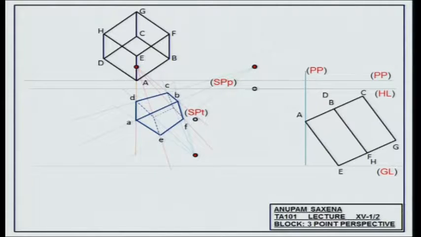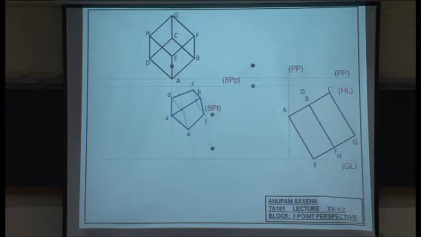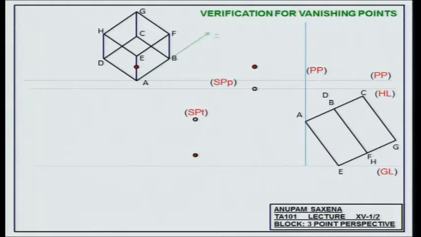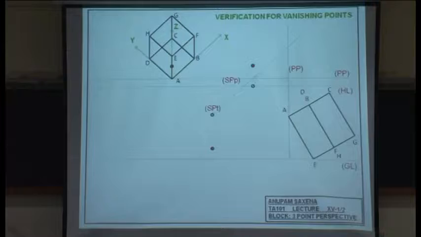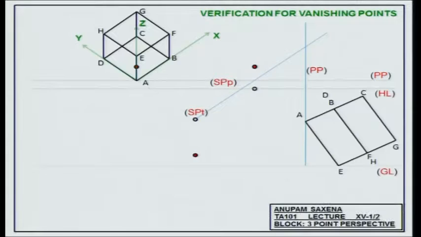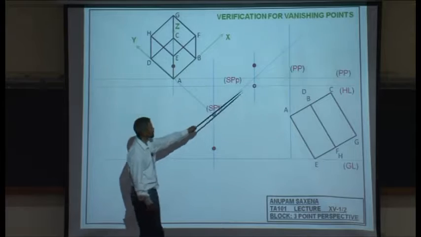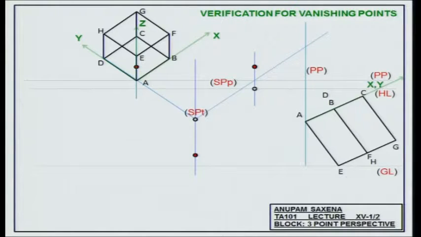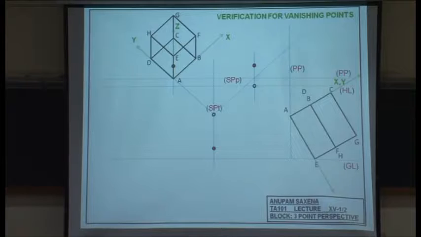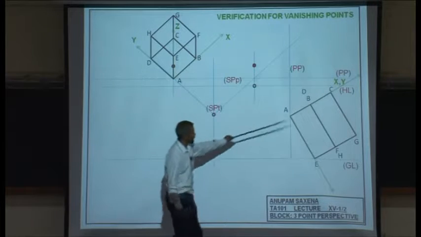And if I do the same exercise, if I retain these positions of vanishing points, draw my x axis, y axis, z axis in the top view using SPT, draw three lines parallel to the three respective axes, allow them to hit the picture plane here, get the verticals, and then using SPP, the station point in the profile view, draw rays parallel to these three axes here, x, y, and z.